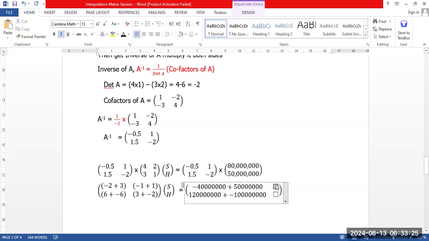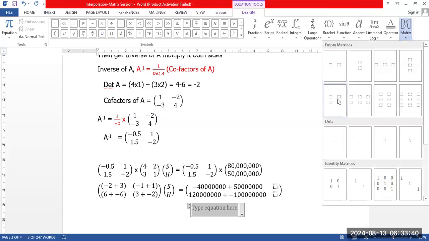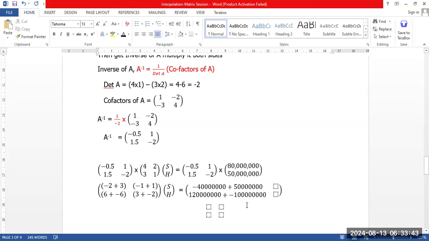If we open brackets, the first bracket is giving us what? Here, what are we getting? -2 plus 1, what do you get? 1. Then here, what are we getting? -1 plus 1, we get 0. Here, you're getting 0. Then here, you're getting 1.